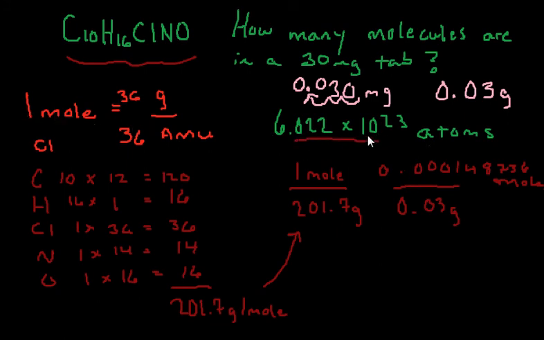This number, right? We have 6.022 times 10 to the 23rd power atoms in 1 mole.